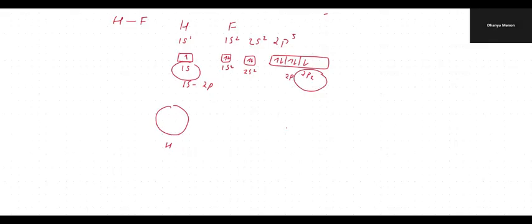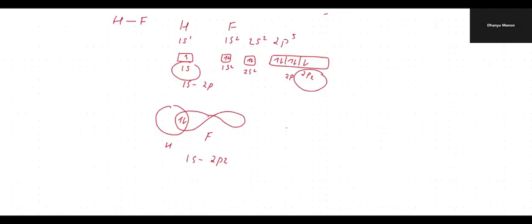So this is fluorine, electrons with opposite spin. This is 1s, 2pz, sigma bond, axial overlap. It can be 2px, 2py, or 2pz, any of them.